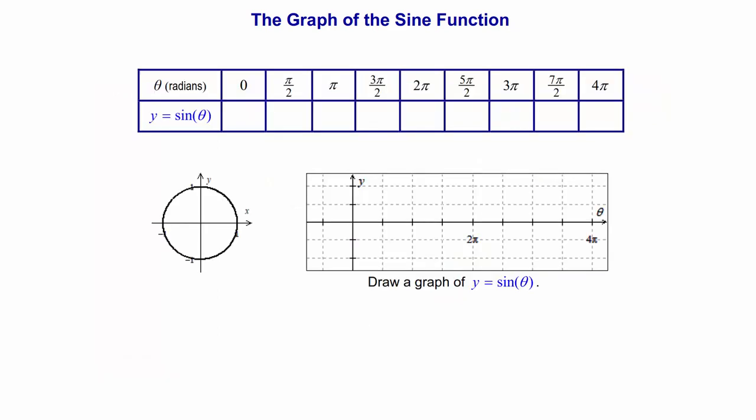So let's go back to our graphing platform. We've got a table where we can insert values and a grid where we can draw the graph. Okay, so first let's recall the association between the angles given in radians and their degree equivalent.